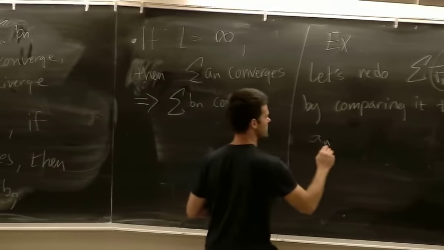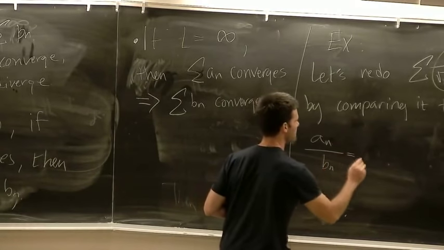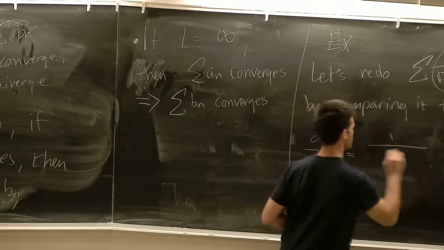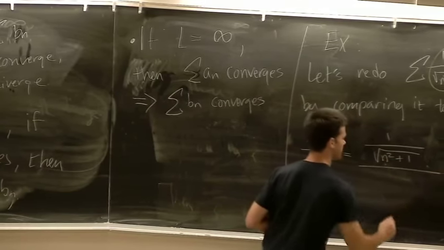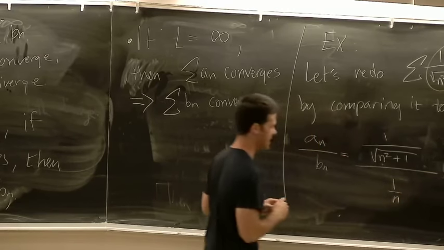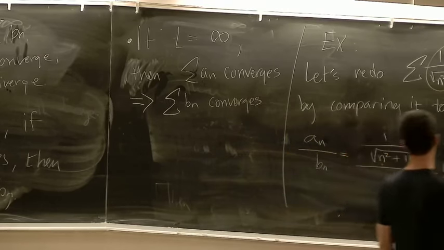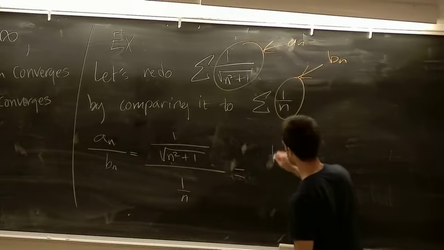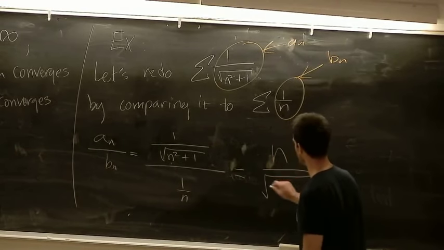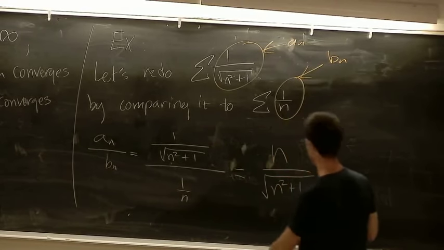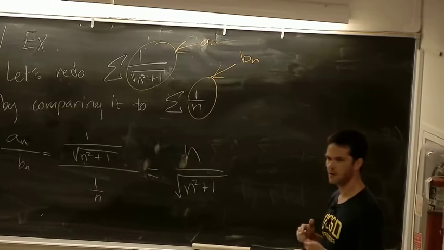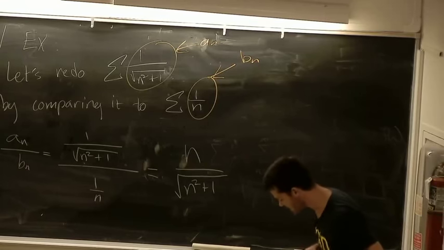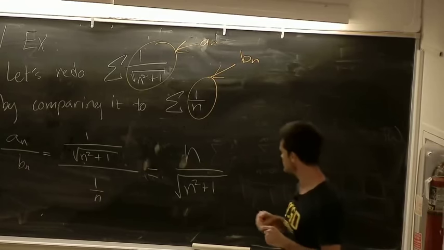So then AN over BN is 1 over the square root of n squared plus 1 divided by 1 over n. Or let's rearrange this a little bit. This is n over the square root of n squared plus 1. And I want to take this limit as n goes to infinity.